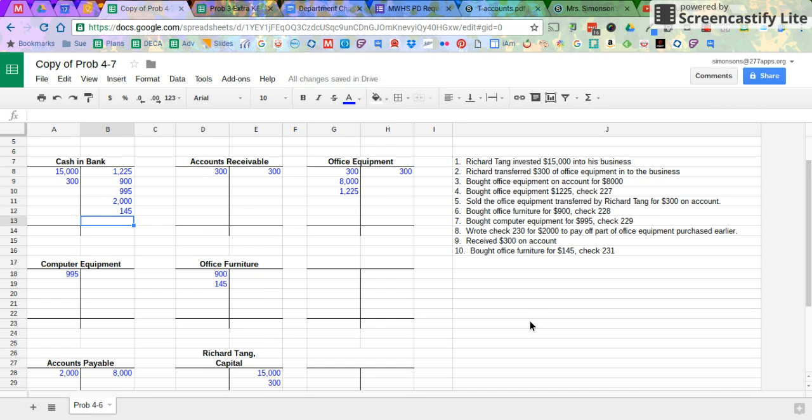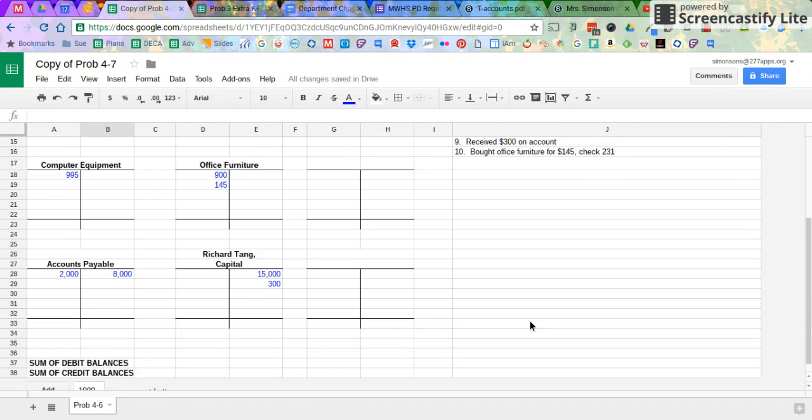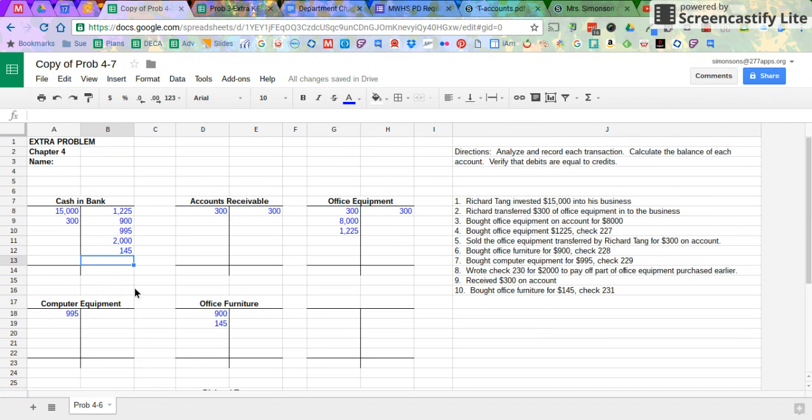Okay, so now we need to look at our balances. And we talked about that formula before. Assets have a normal balance of their increased side, which is the debit side. My formula, remember, is kind of long, but we can get it.